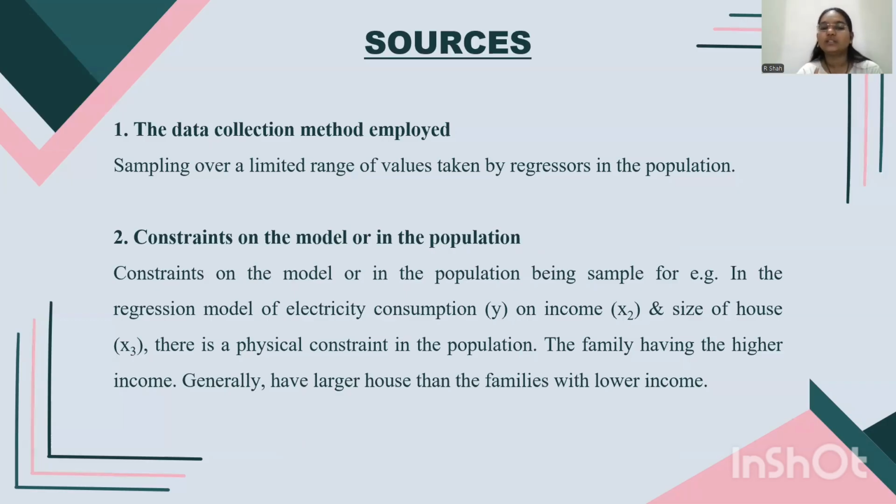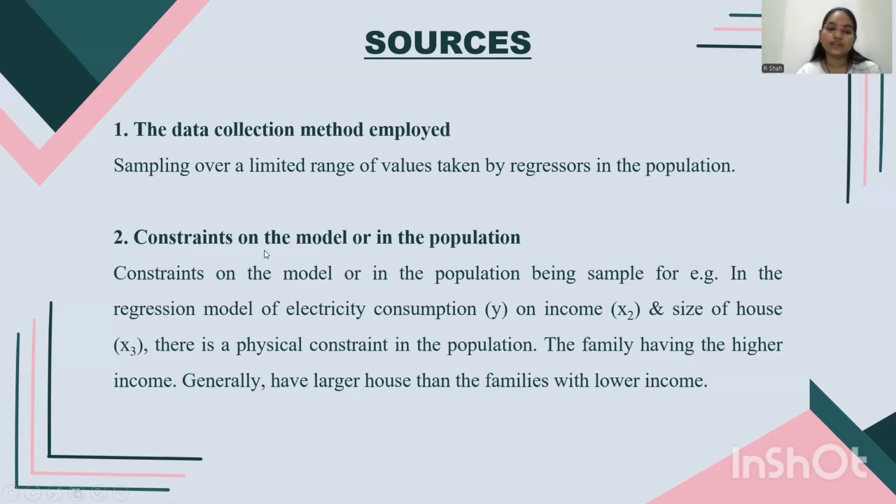So 0.1 to 0.5 is a very limited range, and for 1 to 5 there is more scope of values for the independent variable to take, right? So if this situation is happening, we can say that multicollinearity may be present.